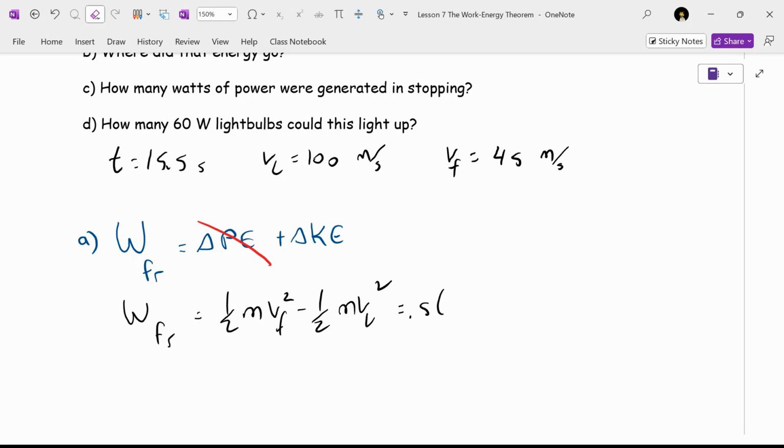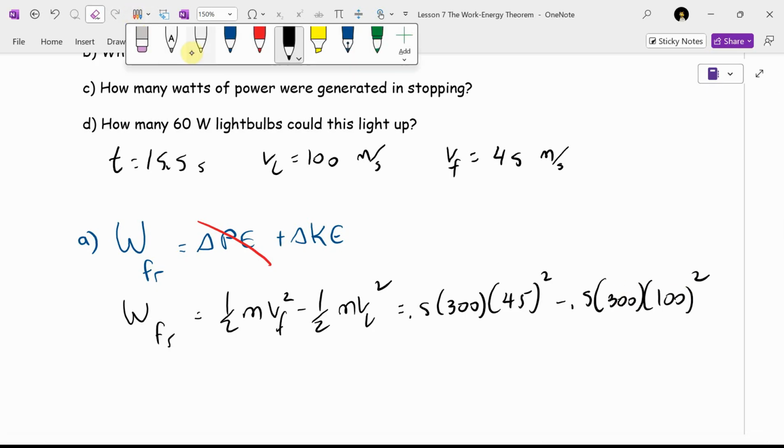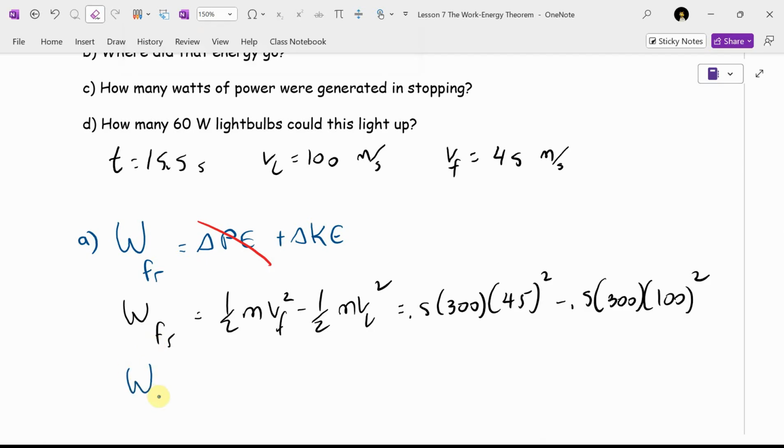So it's going to be 0.5 times 300 times VF, which is 45 squared, minus 0.5 times 300 times VI, which is 100 squared. You're going to get a negative answer because this biker had to lose some energy. Try crunching this. The number is pretty impressive.